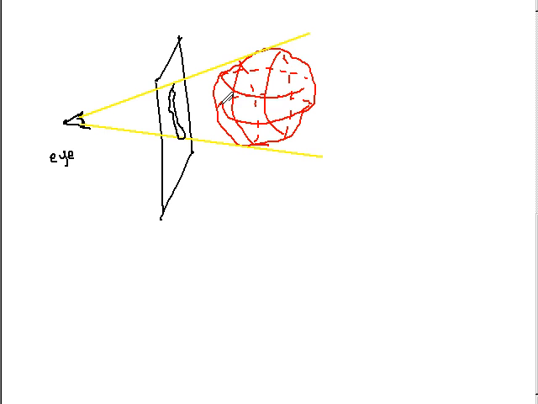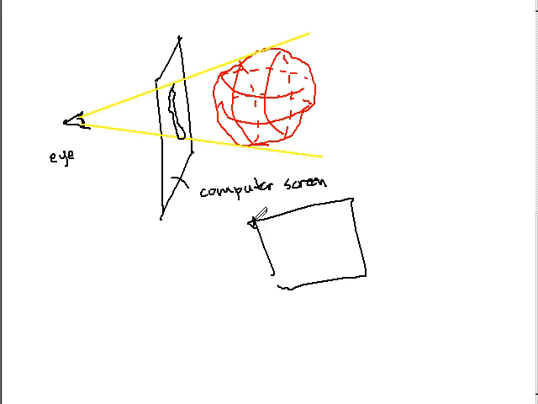So when you look at that, think of this as your computer screen. And you have x and y coordinates on your computer screen. Now usually 0, 0 is in the upper left, x goes to the right and y goes down. So there's a width and a height, so there's screen coordinates.